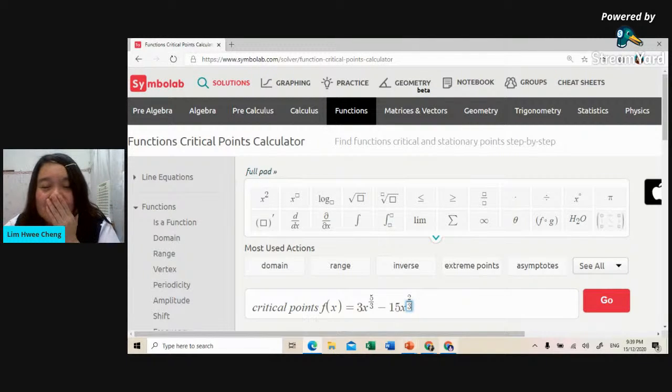So I press the go button. Hopefully it works. 1, 2, 3, go.